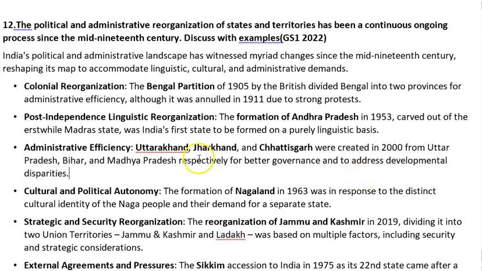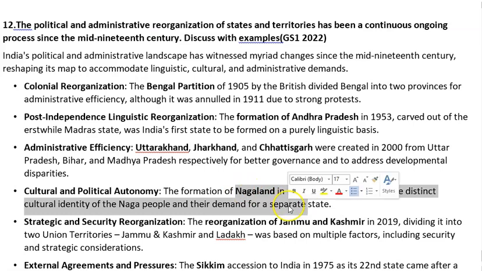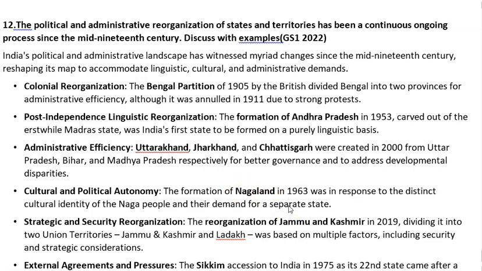So while this administrative efficiency was the reason for creating these states, some states in Northeast demanded a separate state for getting political autonomy as their culture and traditions were different. So that led to the formation of Nagaland in 1963. So it was in response to the distinct cultural identity of Naga people. So while cultural and political autonomy was the reason for the Northeast state, there was also strategic and security reorganization.